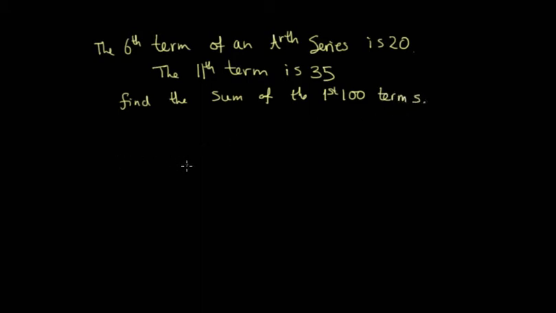So we know the nth term is a1 plus n minus 1 d. The sixth term is 20, so let's write that in. 20 equals, we don't know what the first term is, plus n minus 1, which here is 5, times d, and we don't know what the common difference is.